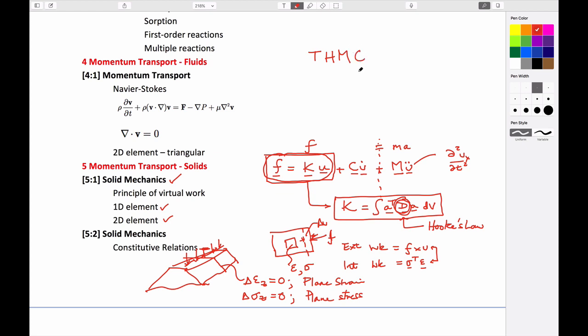C is for chemical behavior, transport, and reaction. M is for mechanical. H is for hydrologic. And T is for thermal.